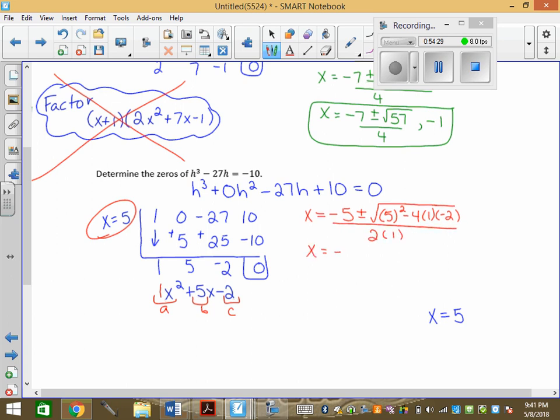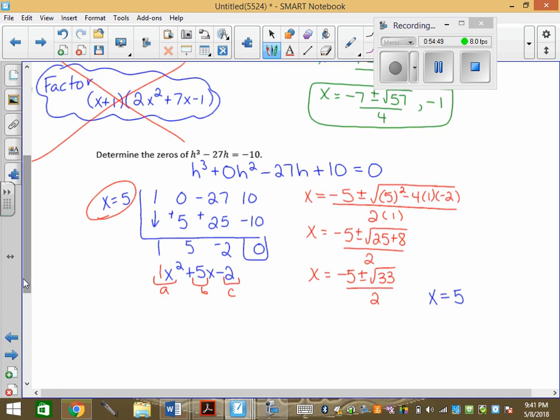So I get x equals negative 5 plus or minus the square root of 25 plus 8 all over 2. X equals negative 5 plus or minus the square root of 33 over 2. And 33 I can't break down. It's as low as it goes.